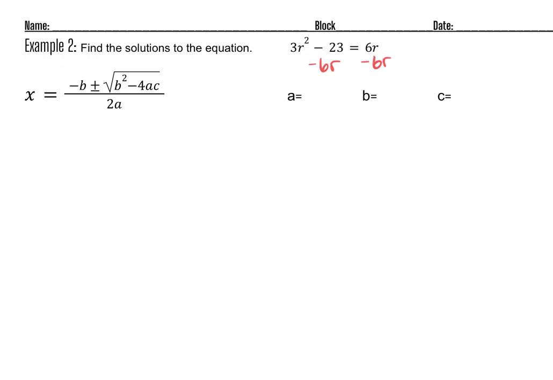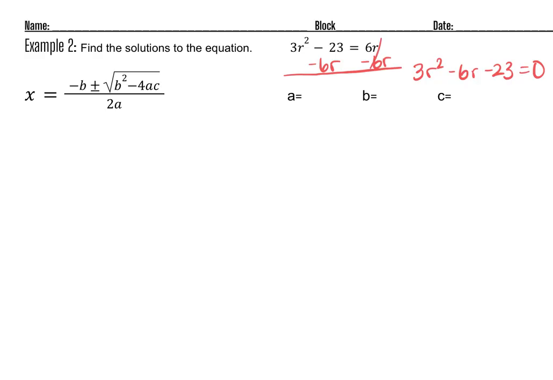I also remember that in standard form, I have my squared term first, then my non-squared term second, and my constant, my number without a letter, last. So I'm going to simplify that to 3x squared minus 6x minus 23 all equal to 0, because 6 minus 6 gives me 0.